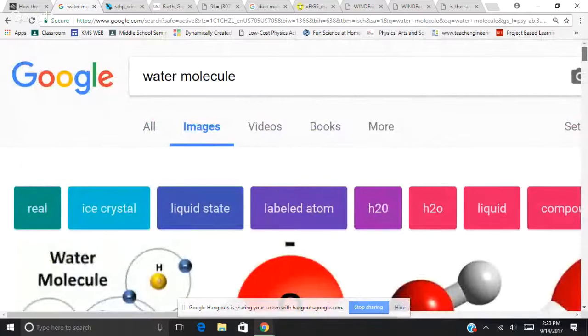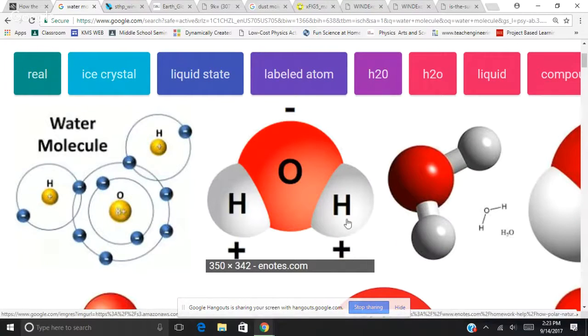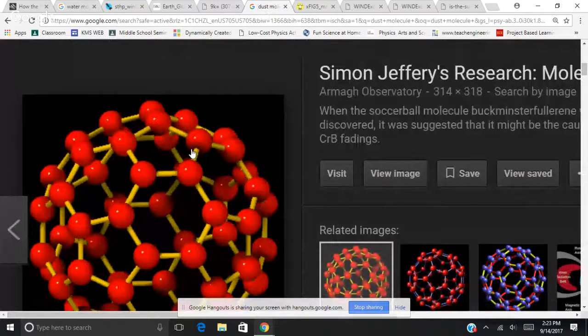It's bringing rain because water molecules, as seen in the picture, have a slight charge like a magnet, positives by the hydrogen and negatives by the oxygen. And those water molecules bond extremely well to dust particles.